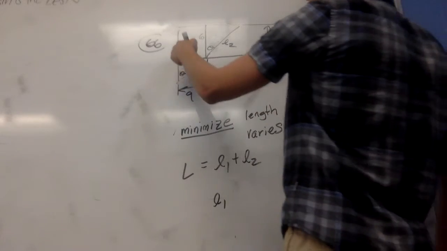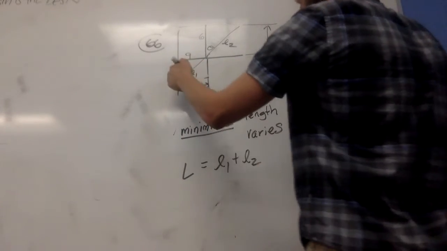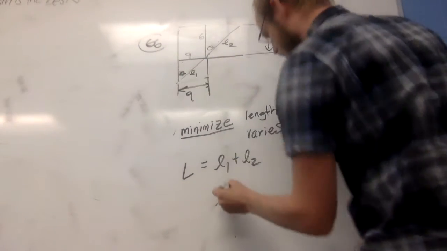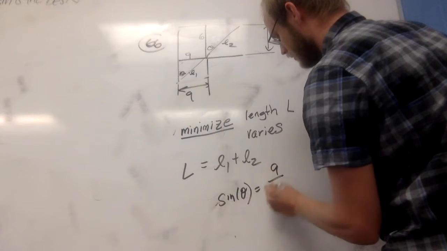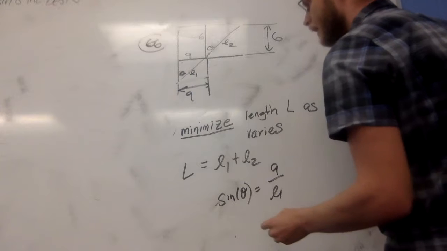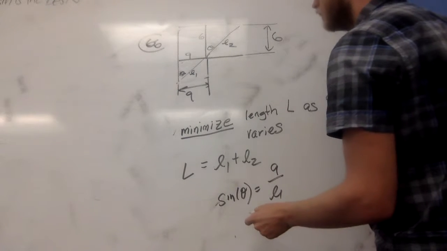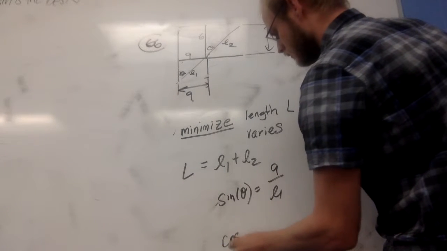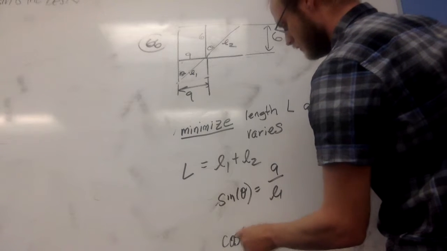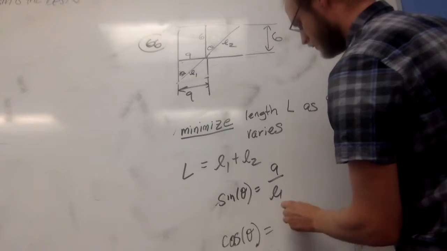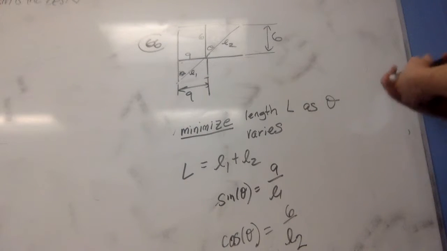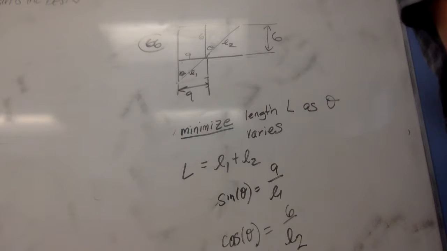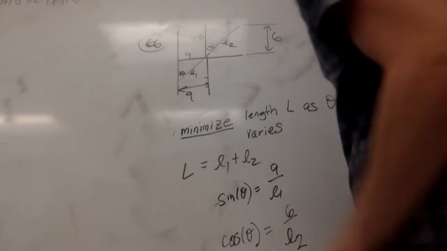so let's think of what's the relation between these numbers. Looks like sine theta equals 9 over L1. Sine of theta equals 9 over L1. And cosine of theta equals 6 over L2. Yeah.